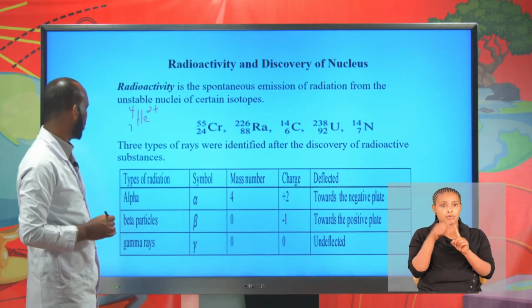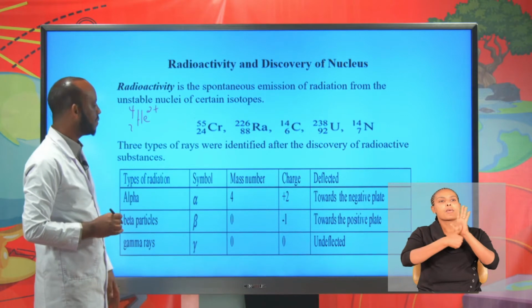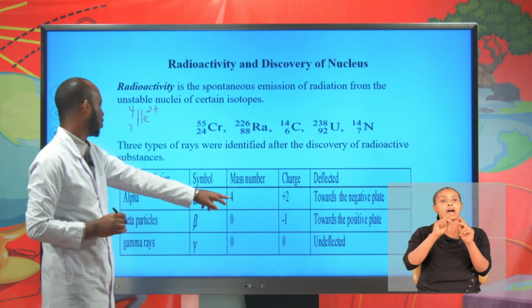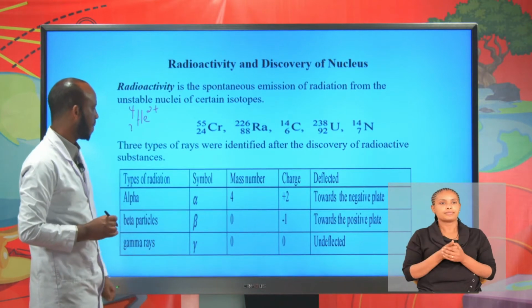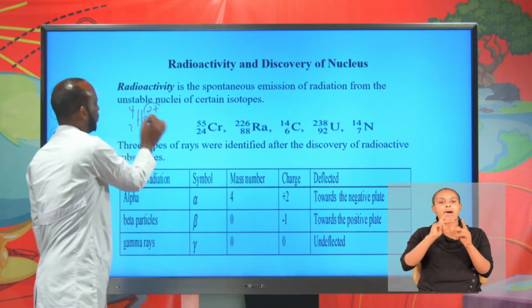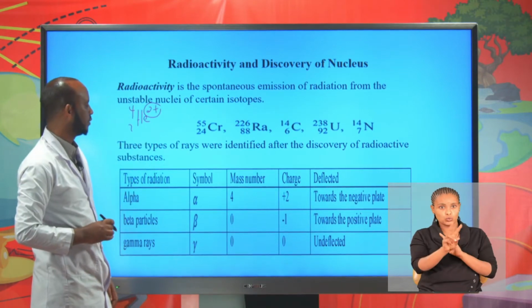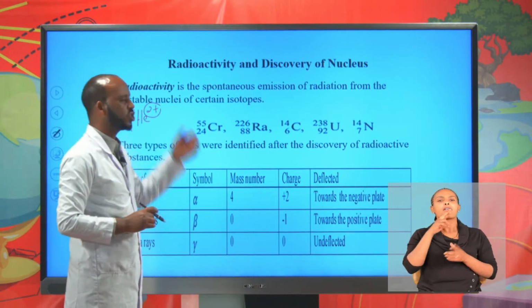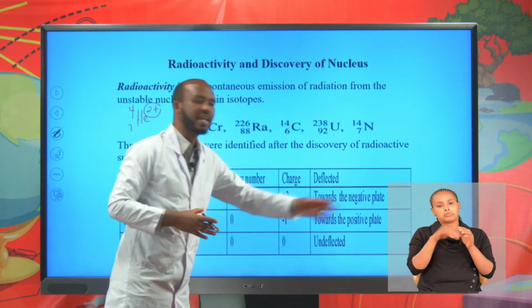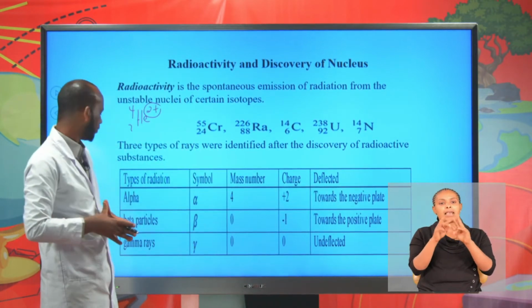Symbol is alpha. Mass number of alpha particle is 4. Charge of alpha particle is 2 plus. They are positively charged particles, deflected toward the negative plate.